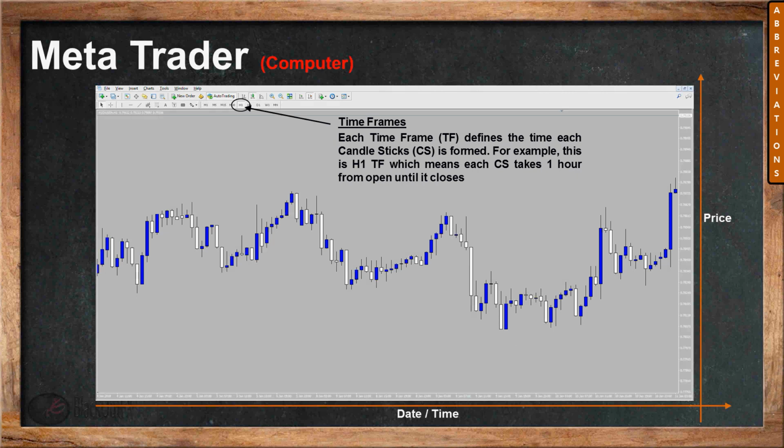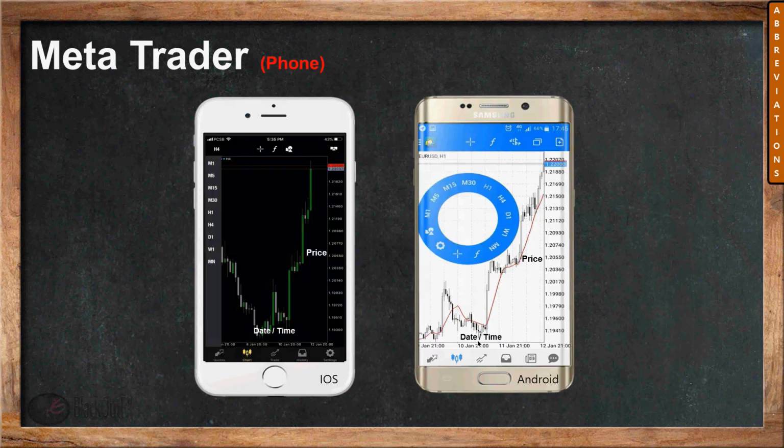That's really important, because later on when we move on to candlestick break and reject, in order to make sure that a candle has broken through or rejected a support or resistance, you have to make sure that the candle has closed first. So knowing the time frame and how the candles are formed is very important for a trader.